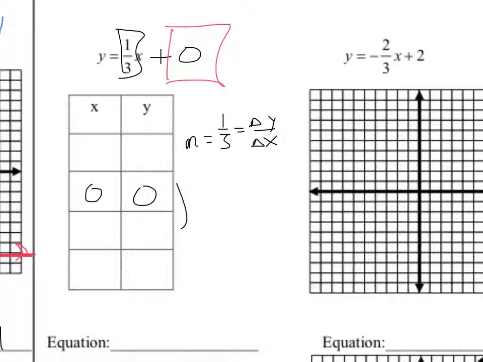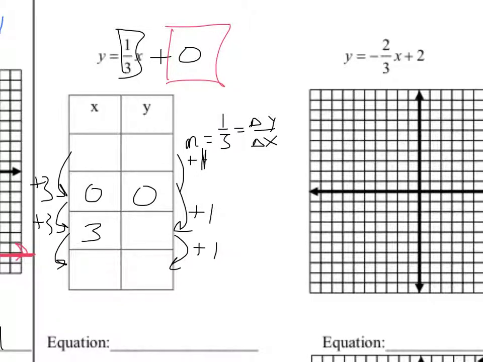So my change in y is going to be a bunch of plus 1s as I'm filling out my t-chart, and my change in x is going to be a bunch of plus 3s. So 0 plus 3 is 3, 3 plus 3 is 6, 0 plus 1 is 1, 1 plus 1 is 2. And if I want to take a point that goes backwards, that means I need to go backwards 1 to -1 and backwards 3 to -3.